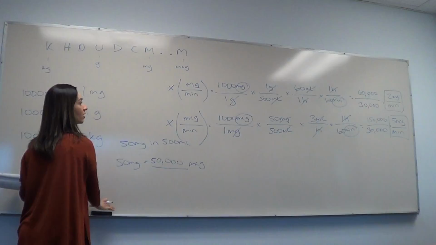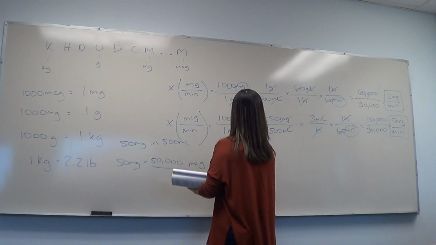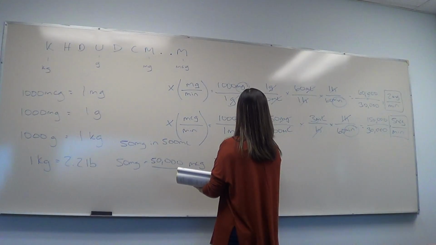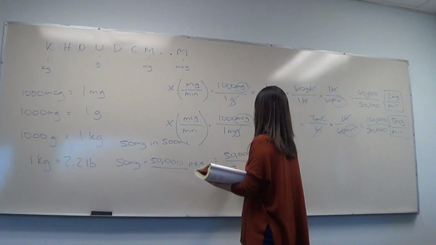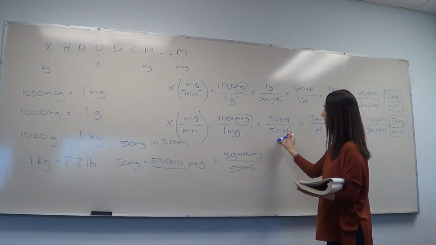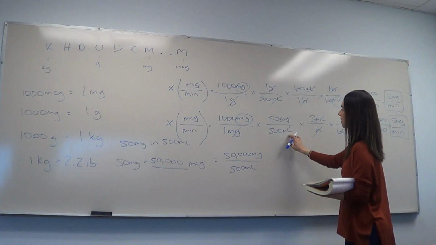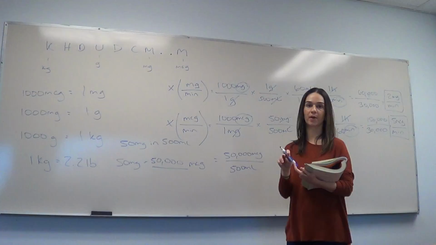And you could have started your problem with 50,000 micrograms is in 500 mLs of fluid, okay? Still the same thing, and then you start from this step on and do the same thing all the way through if you want to convert beforehand.